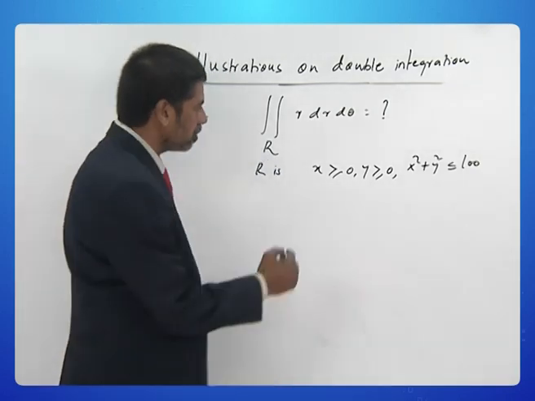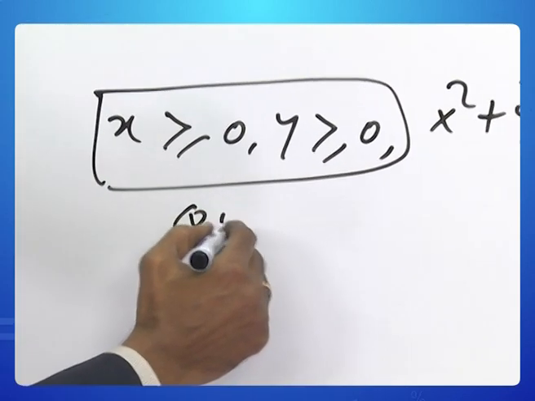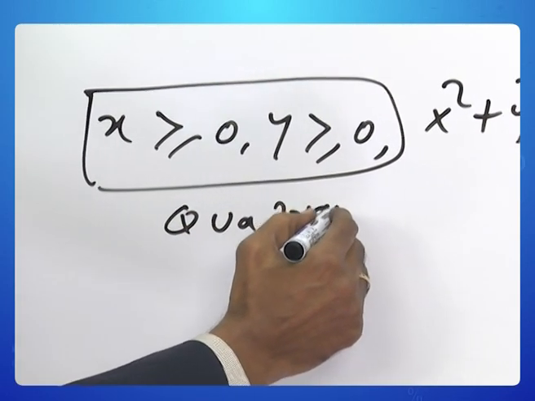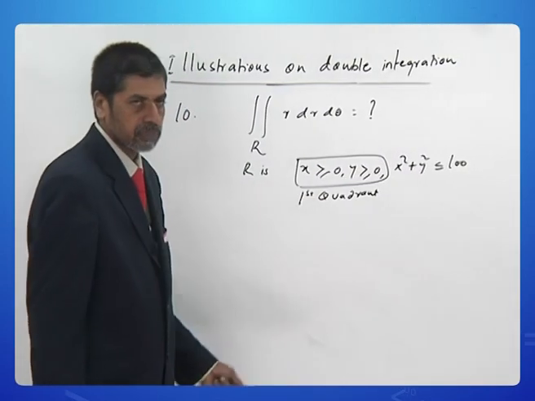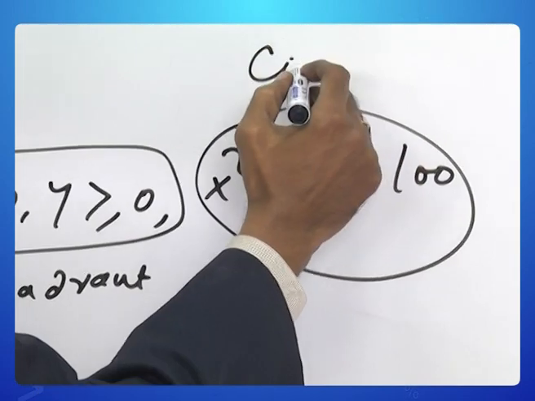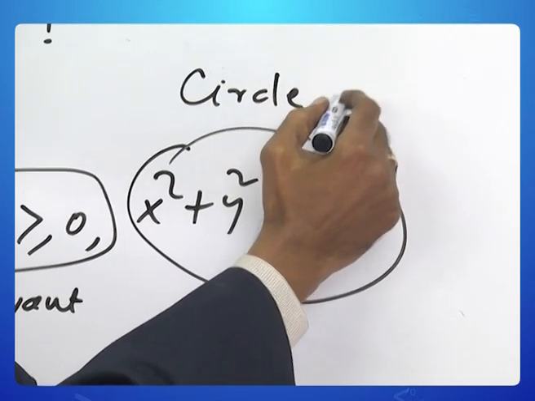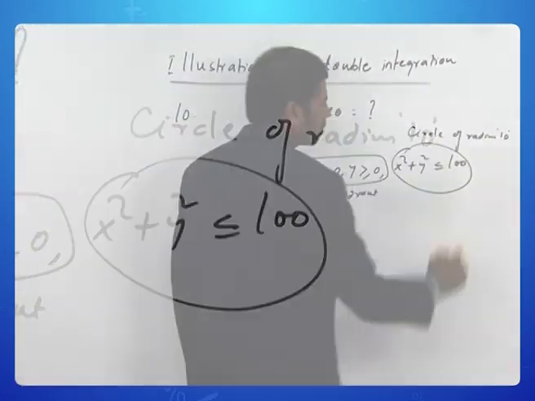Now please observe, this means you are confining to the first quadrant of the xy plane, and this is a circle of radius 10.